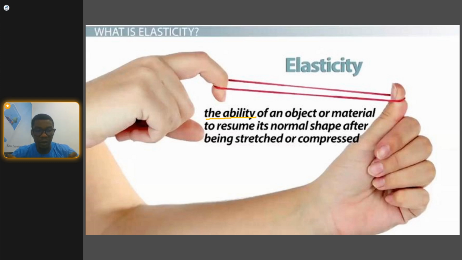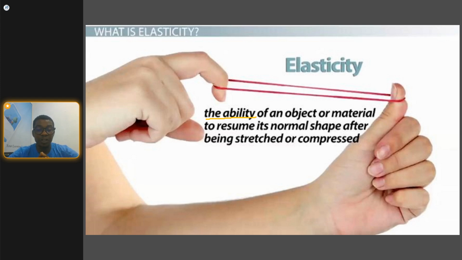So if you have a solid that has the ability to be stretched or compressed and still retain its original shape or size, such solid material is said to be elastic.